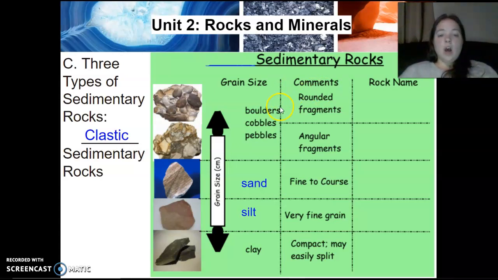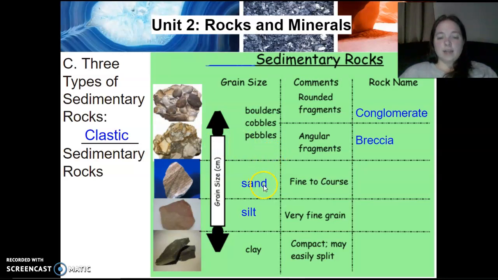What you're going to see right here is a rounded pebble. It looks like pebble soup. That rock name is called conglomerate. And then you have this one where it looks more angular, like rectangles, and it looks like it could hurt you if you stepped on it. That's called breccia. I think it's going to break you.